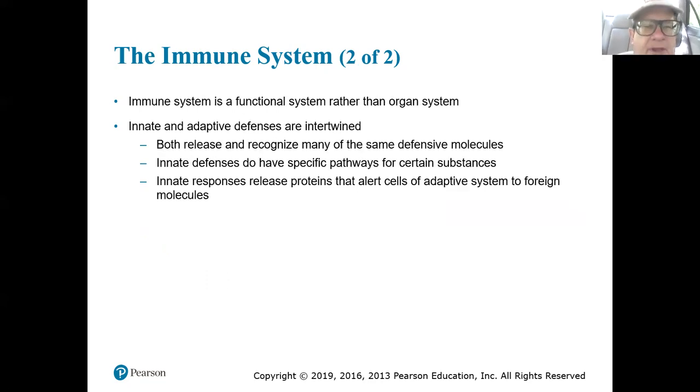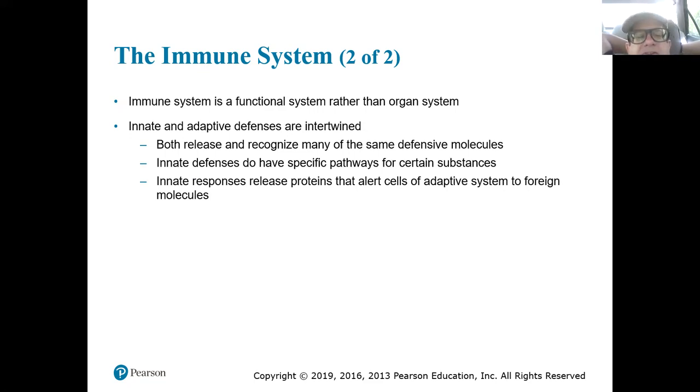Anyway, moving on. The immune system, when we talk about it as a system, is not a bunch of organs like an organ system. It's functions that different organs and different systems have together. Both innate and adaptive recognize some of the same defensive molecules.